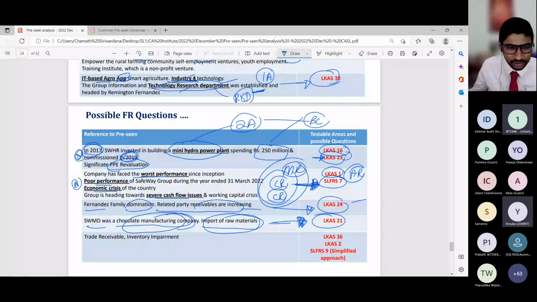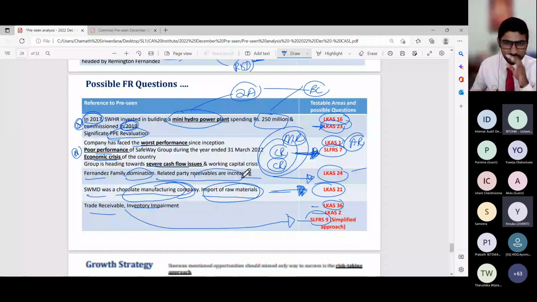Also, trade receivable and inventory impairment, of course even PPE and other impairment might be there: LKS 36, LKS 2 inventory impairment, and SLFRS 9. Remember SLFRS 9: when trade receivables come, you have to apply the simplified approach, not the LGD-PD general approach, right?